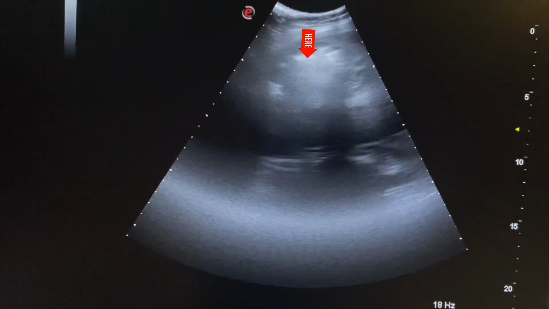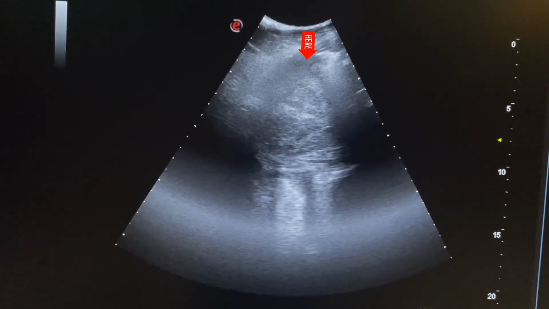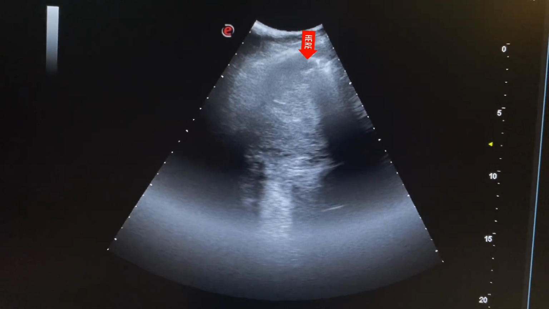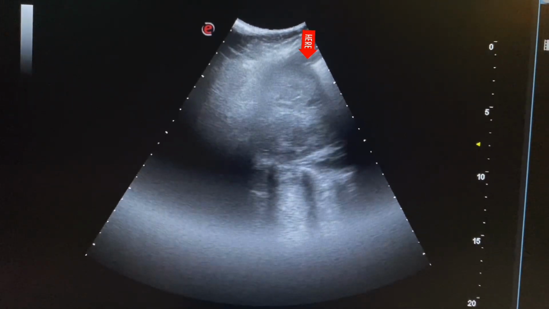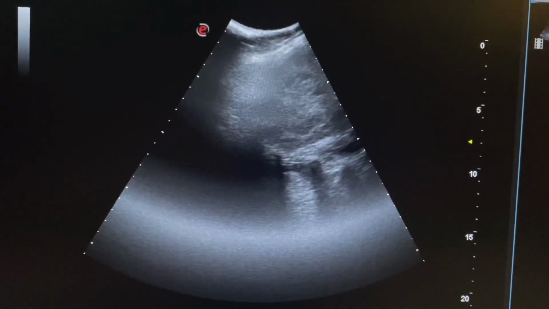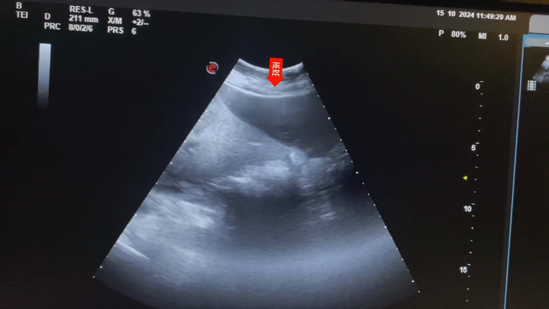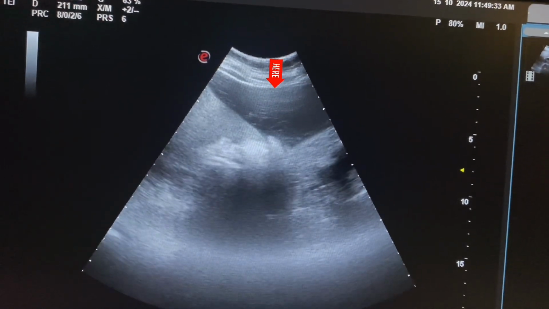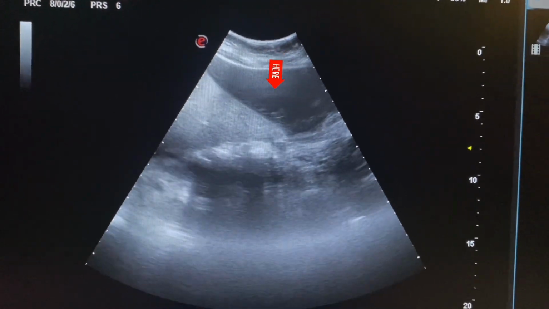It is difficult to scan between the ribs as there is very narrow space in the female ribs. Here we see anechoic fluid for the left lobe of the liver. There are also some septations present.